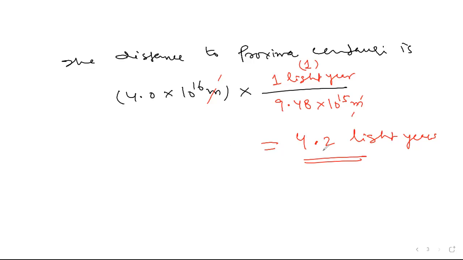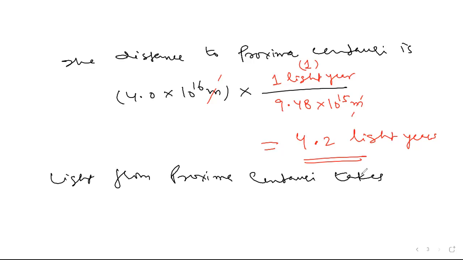That means what? That means light from Proxima Centauri takes about 4.2 years to travel to Earth.